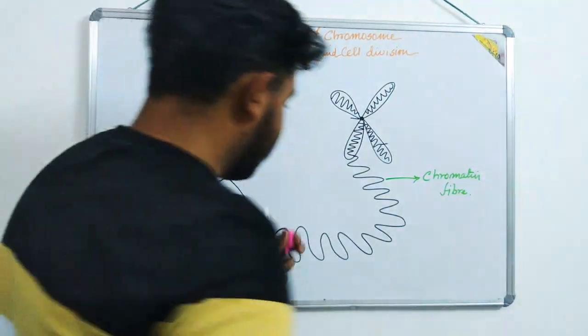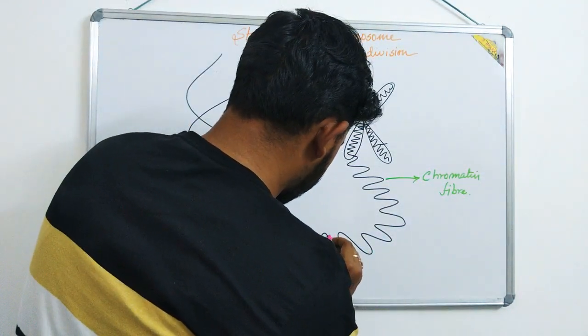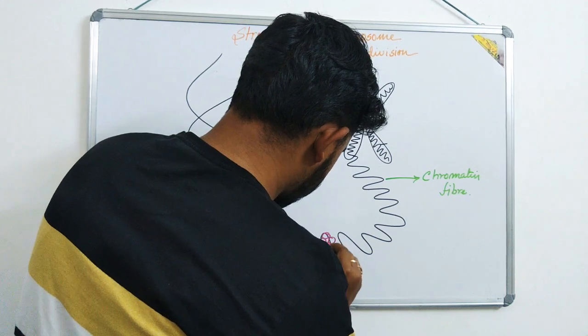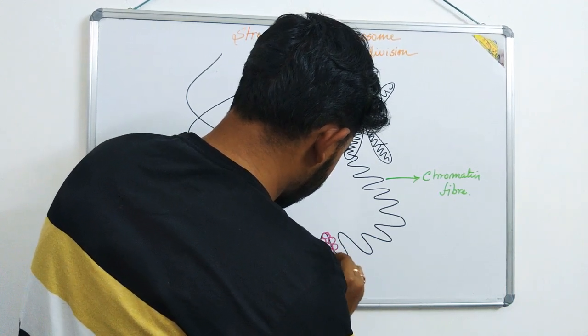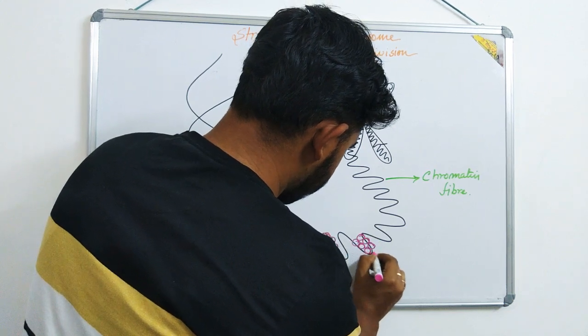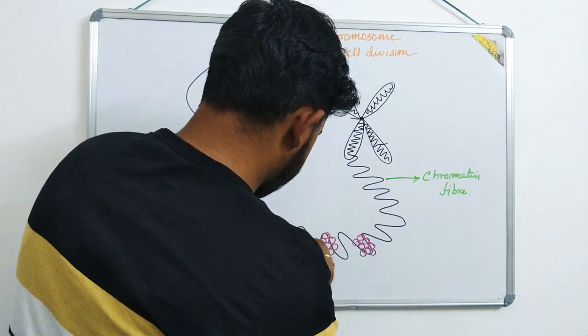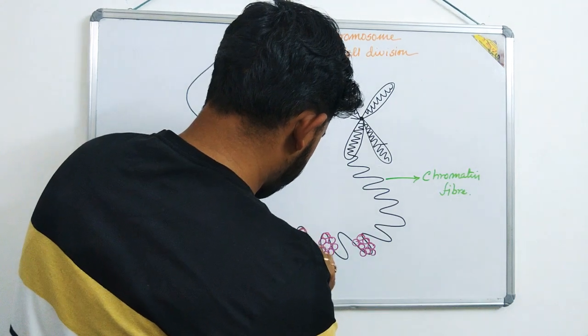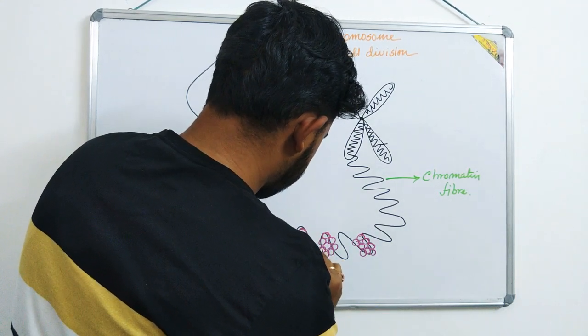What do you call that? It is called histone proteins. 1, 2, 3, 4, 5, 6, 7, 8, and again 1, 2, 3, 4, 5, 6, 7, 8, like that.